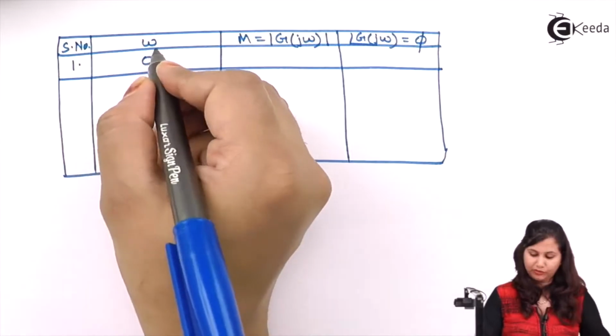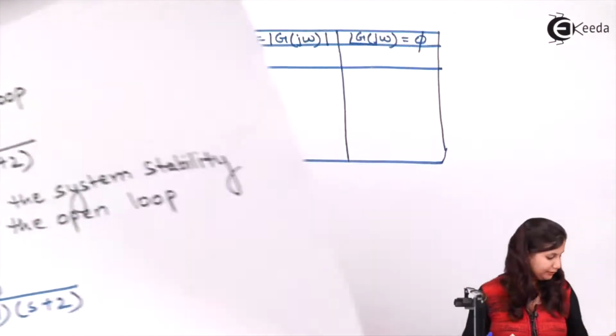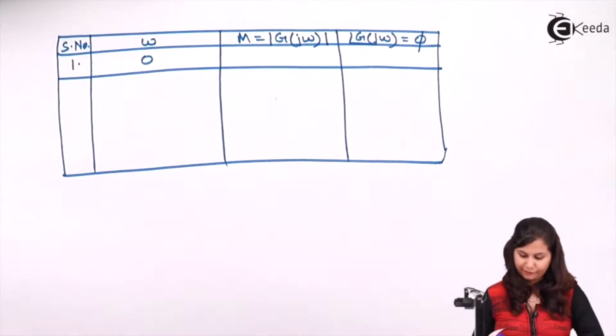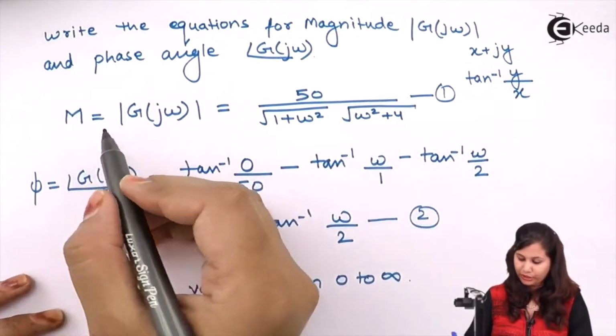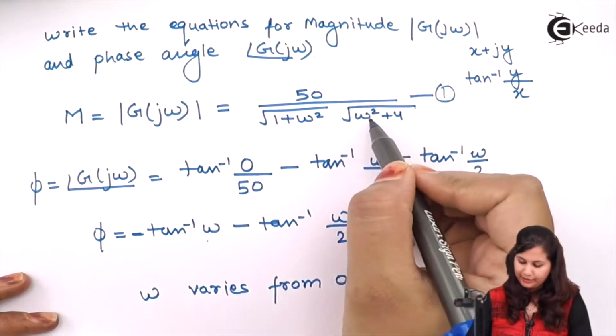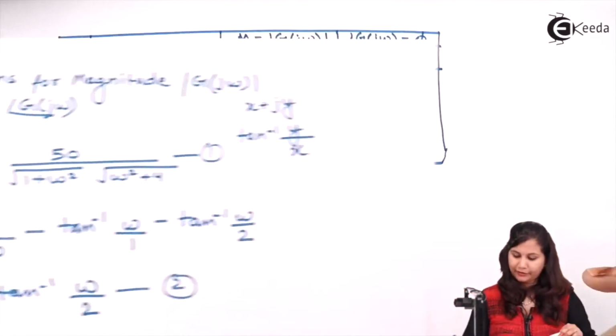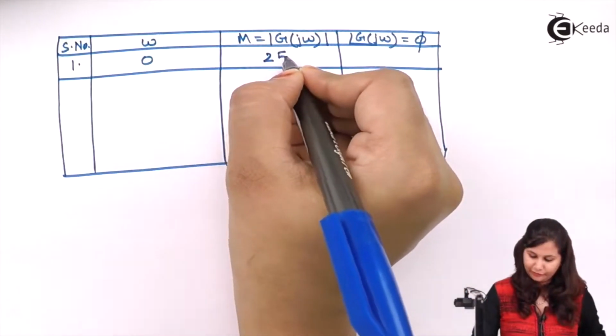So if we keep the value of omega as 0, then putting this 0 value in the magnitude equation, that is our first equation, here it will be 1, and here it will be equal to 2. So 50 by 2, and the magnitude will become 25.